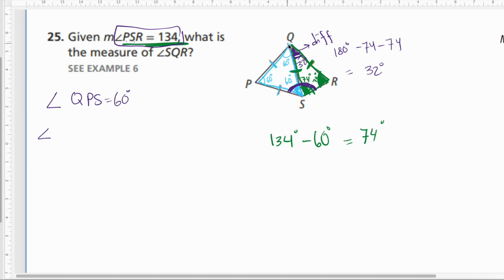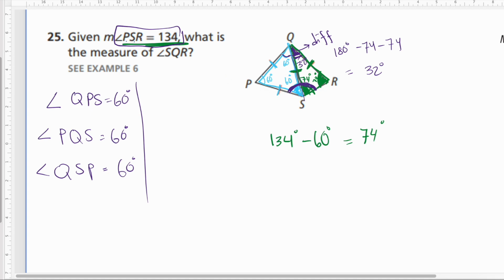Angle PQS, sorry, I mean PQS, so this part only, is also 60. And then angle QSP is also 60. Okay?